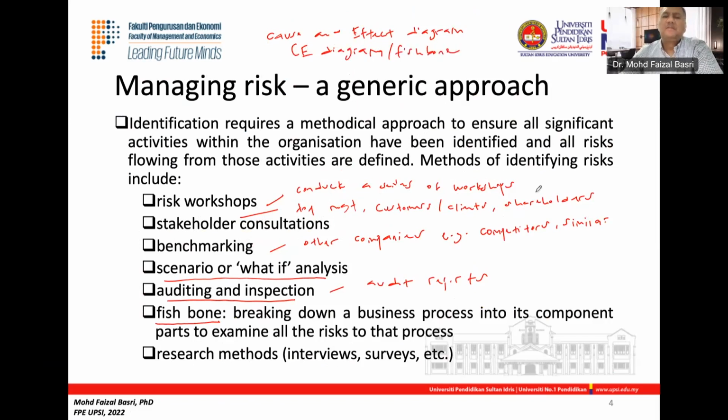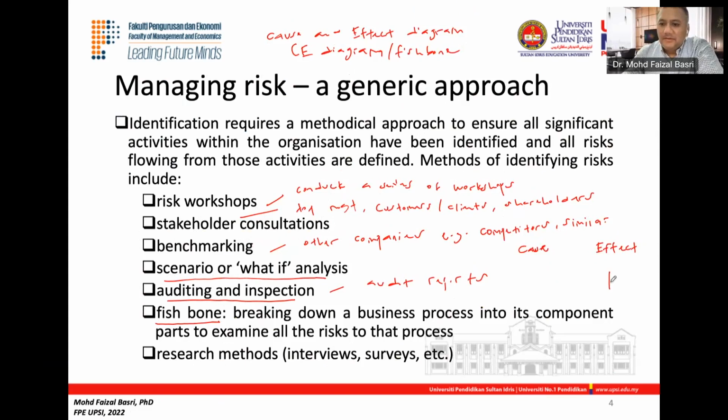So what does it mean, fishbone? What does the fishbone do? Literally, the diagram will look like a fishbone. They have causes on one side and the effect on the other side.